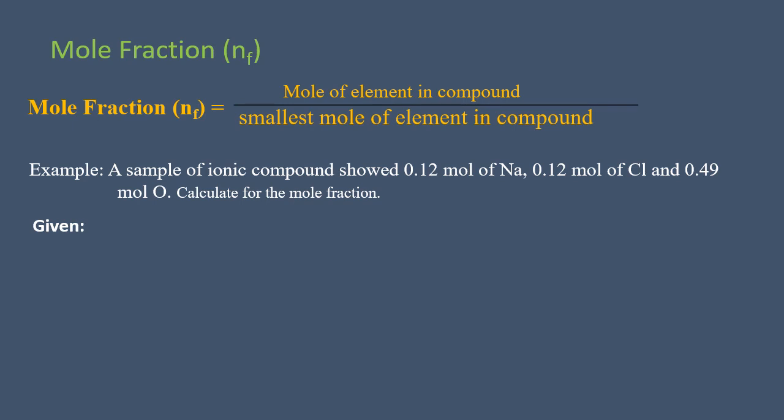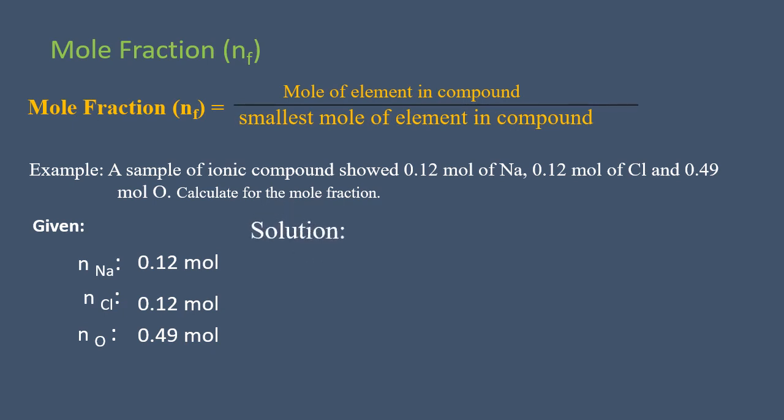So let's start with the given quantities. Mole of sodium is 0.12 mole. Mole of chlorine is 0.12 mole as well. And for oxygen, it is 0.49 mole. So let's try to compute now for the mole fraction.